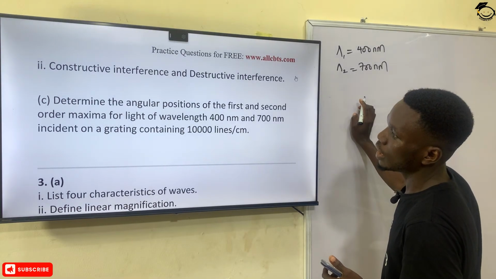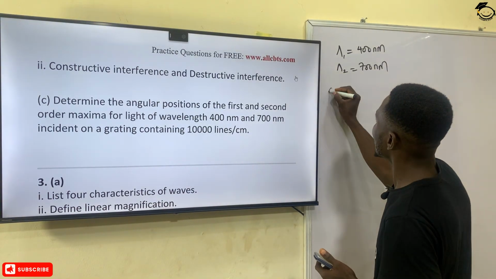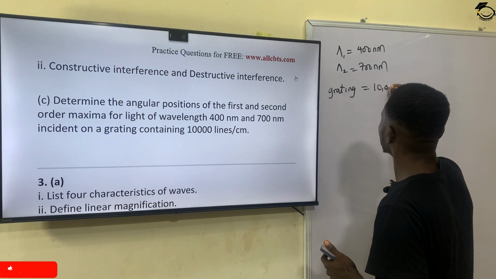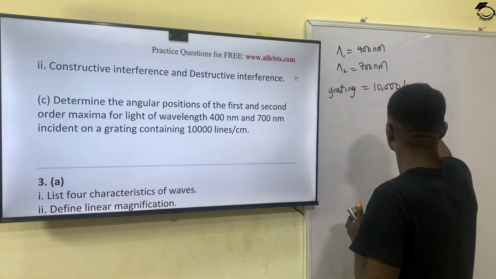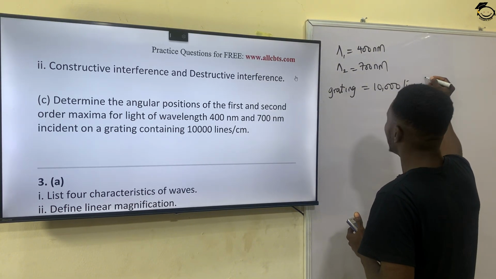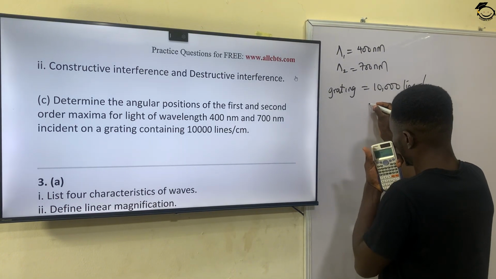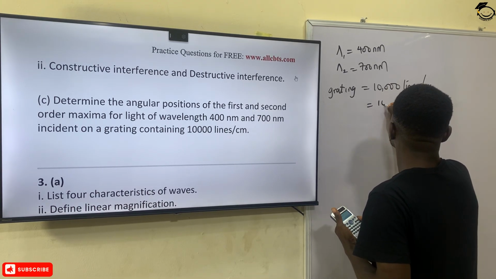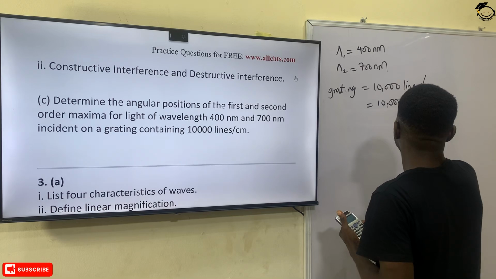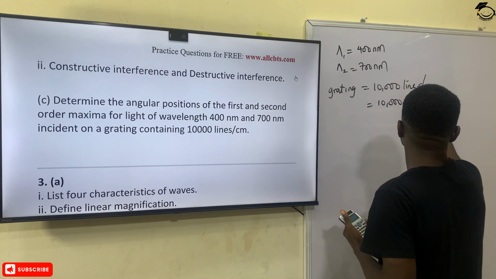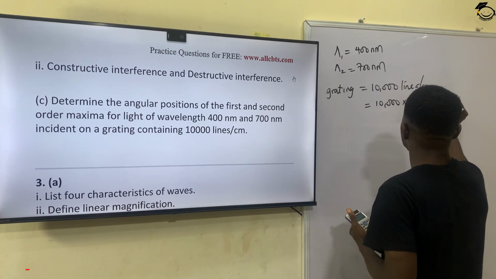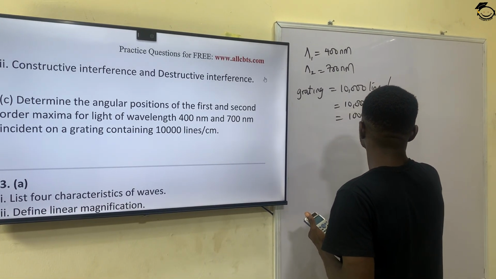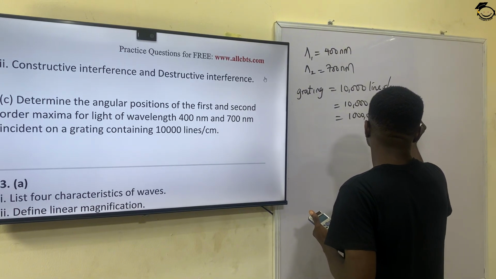Then it said incident on a grating containing 10,000 lines per centimeter, which is the same thing as saying that I have 10,000 times 100 lines per meter, which is 1 million lines per meter.